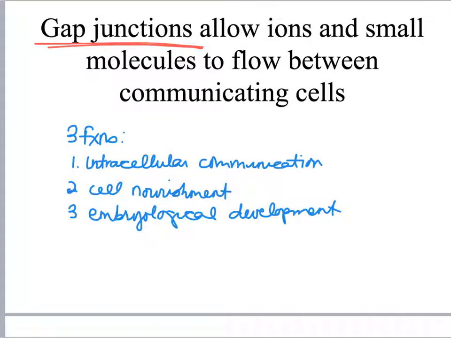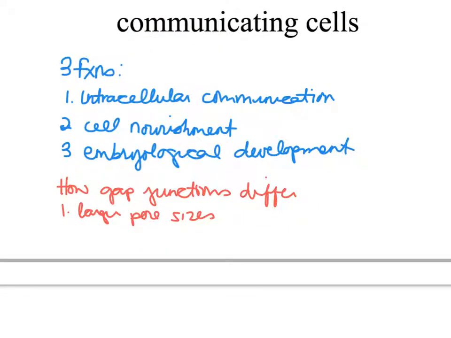Now, gap junctions differ from other channels in a number of ways, and we'll list five different ways here. The first is that we have larger pore sizes with gap junctions. The pore sizes are about 20 angstroms overall. And remember that in the other channels, we had narrowing of that pore.